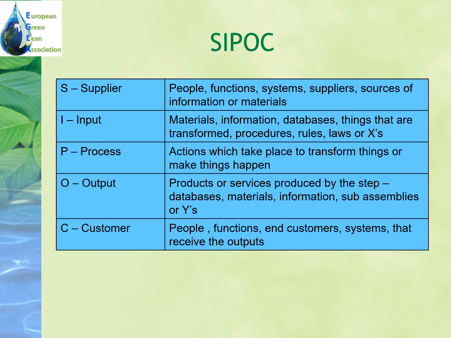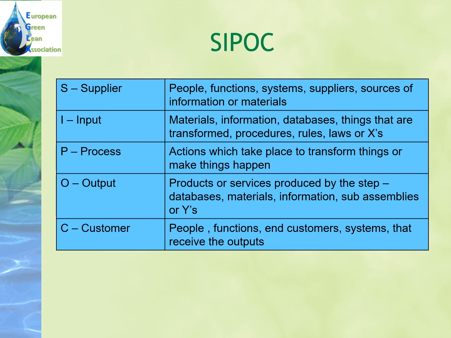Process, of course, are the actions which take place to transform things or make things happen. Outputs are then the products or services produced by each step. So depending on the step and process, it might be databases, materials, information, sub-assemblies, or WIP, i.e. work in progress, products produced.